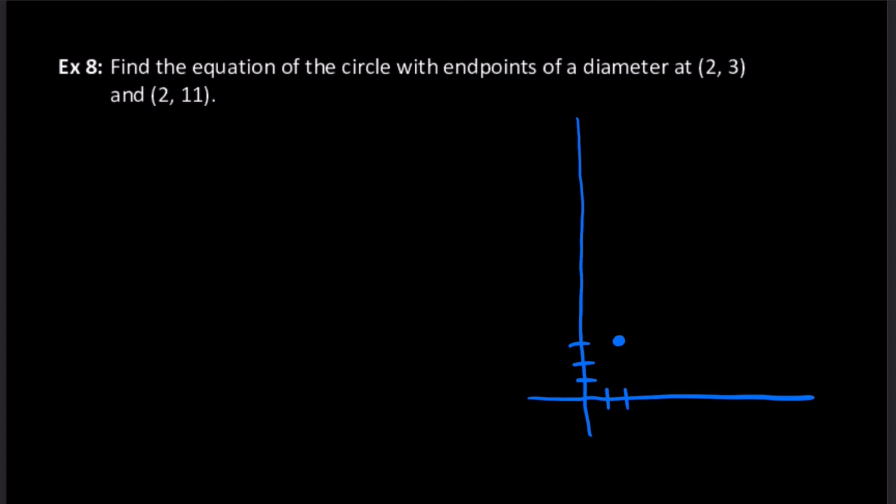The other endpoint is 2, 11. 4, 5, 6, 7, 8, 9, 10, 11. Now these points are kind of far apart. Maybe it is helpful if we write the coordinates next to each one. So those are the endpoints of the diameter. Here's your diameter. That means your circle kind of looks like this.